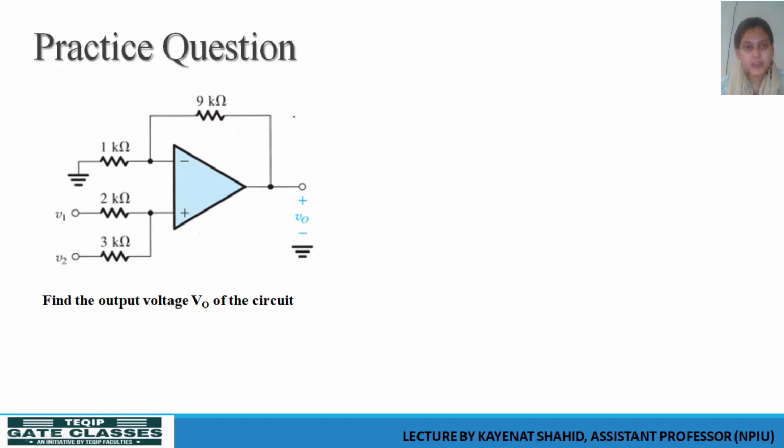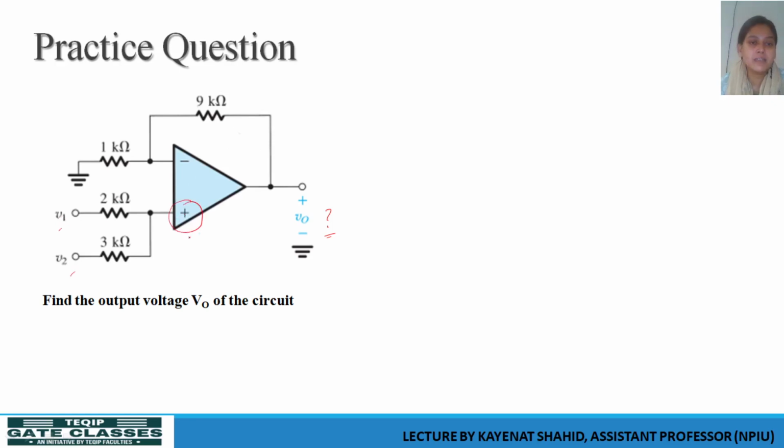Looking at this circuit, we have to find the output voltage VO. First thing we notice is that the input voltages V1 and V2 have been applied at the positive terminal.